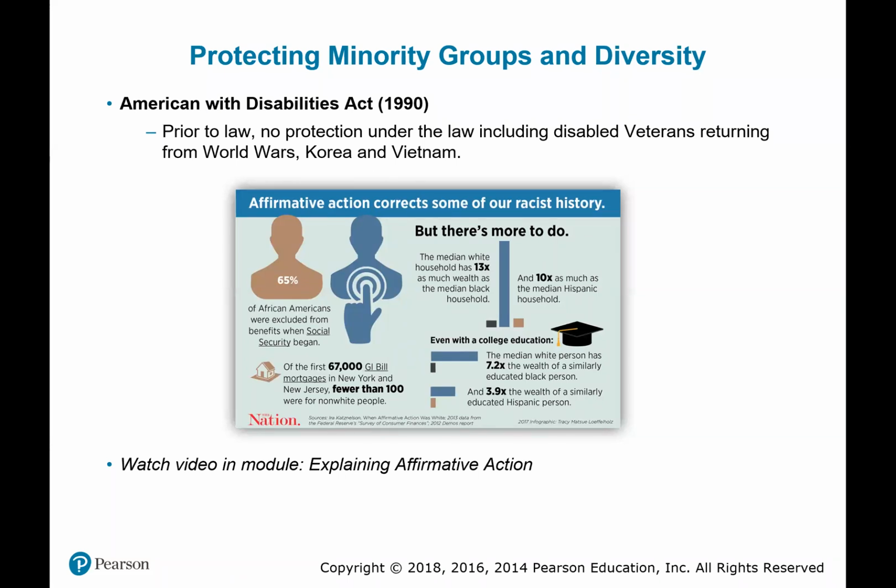There's been inroads with the African American and Hispanic, Latinx community, but still, even with the college education, the wealth gap is huge. Not 7%, 7 times the wealth of an educated Black person and almost 4 times the wealth of a similarly educated Hispanic person. So there's still some room to go there.